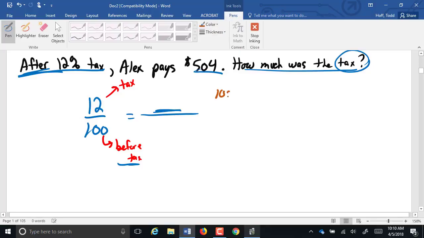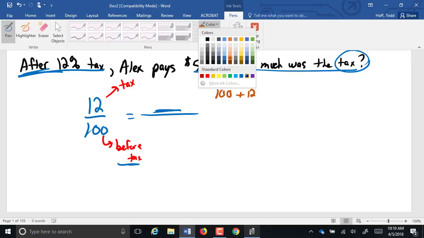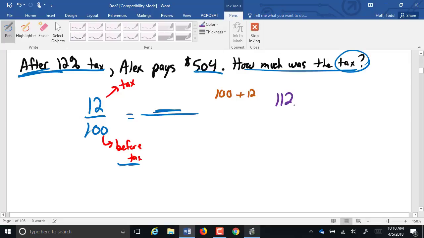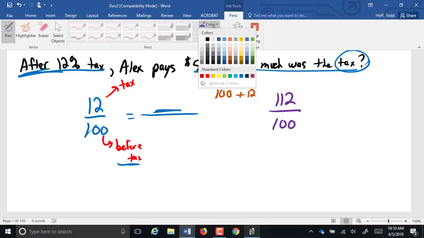Now this time it's not going to be 100 minus 12, because tax does not get taken away from the price, it gets added on. So 100 plus 12 is 112%. So 112 out of 100.